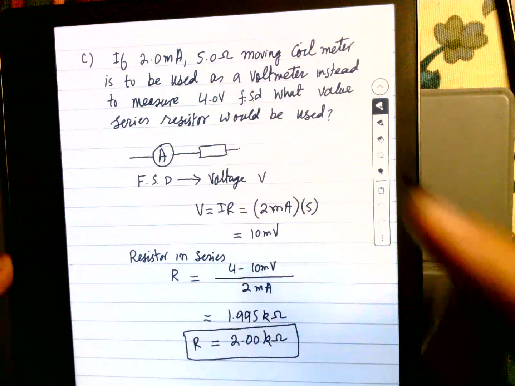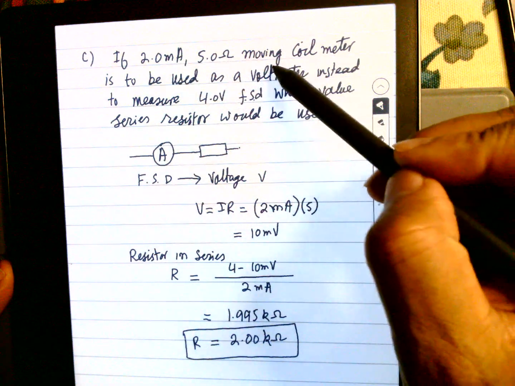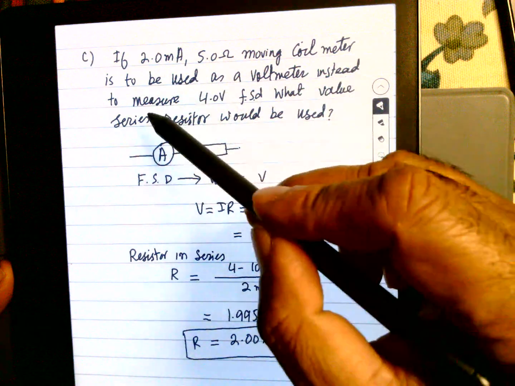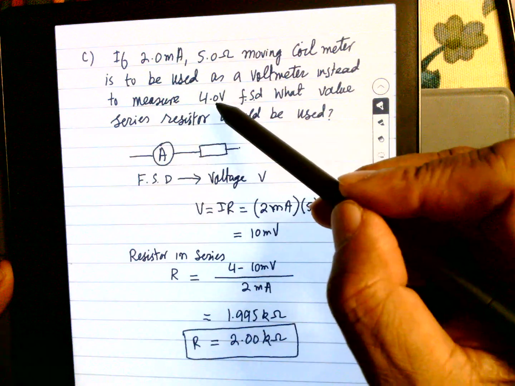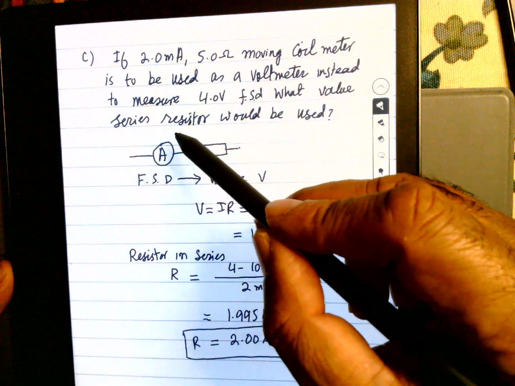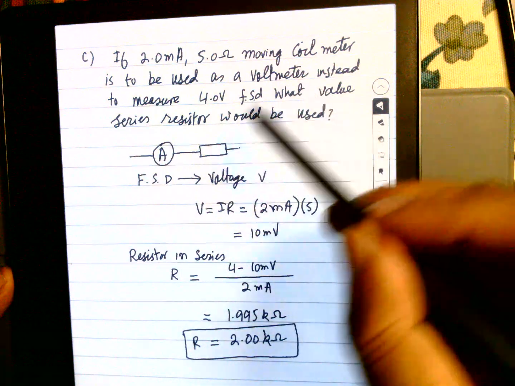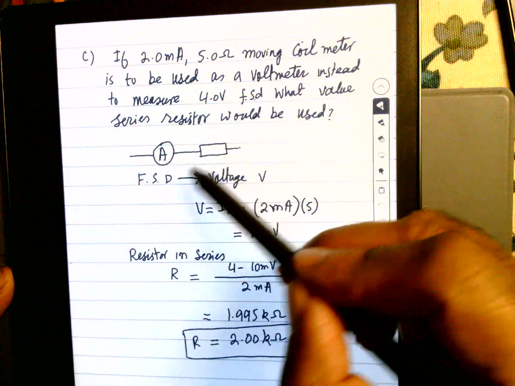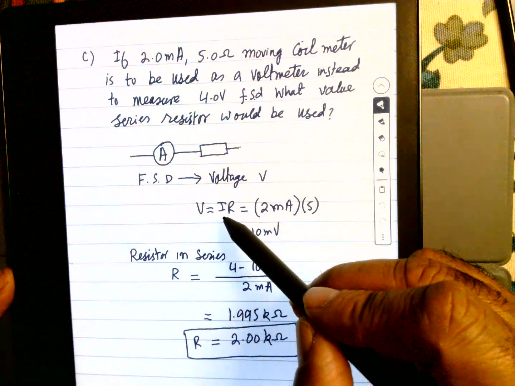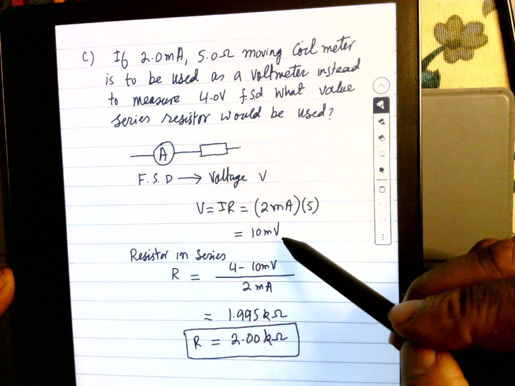The next question: if the 2 milliamp, 5 ohm moving coil meter is used as a voltmeter to measure up to 4.0 volt full-scale deflection, what value of series resistor would be required? So the meter's full-scale deflection voltage, V is equal to IR, 2 milliamp multiplied by 5, which is 10 millivolt.